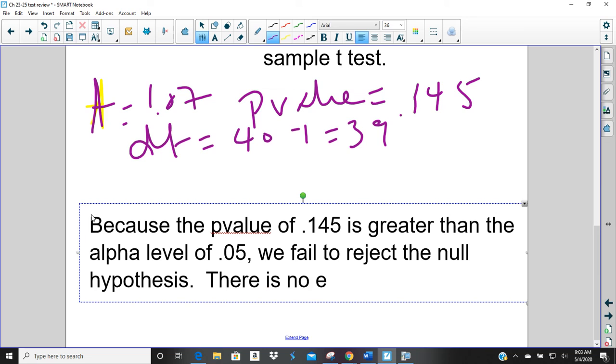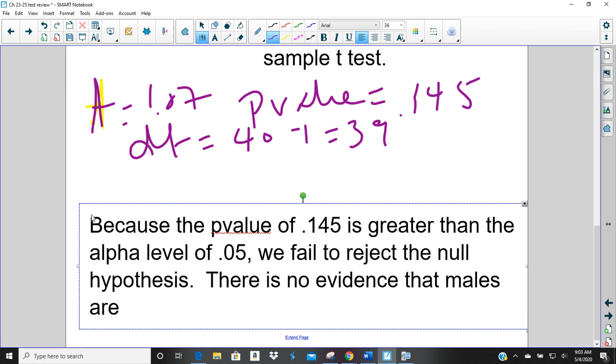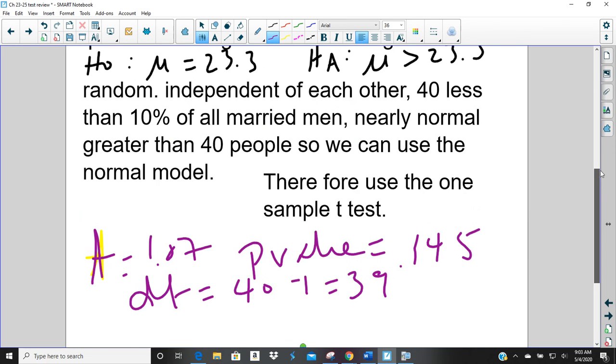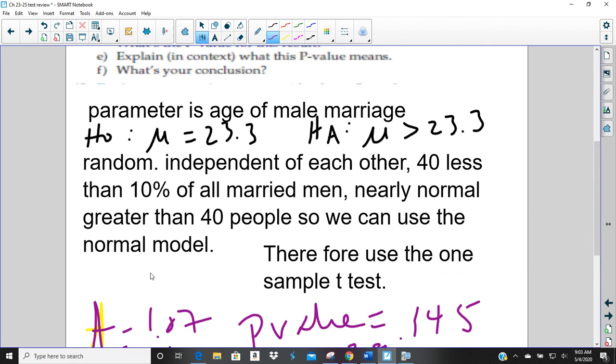There is no evidence that males are getting married older now versus 40 years ago. Okay, let's write our alpha level right here. Alpha level equals 0.05.